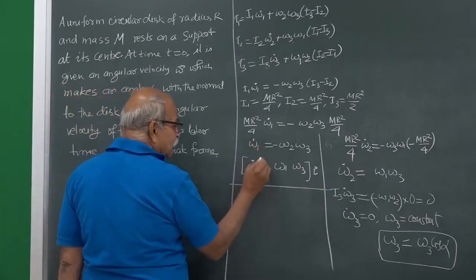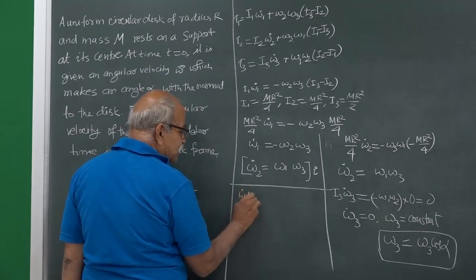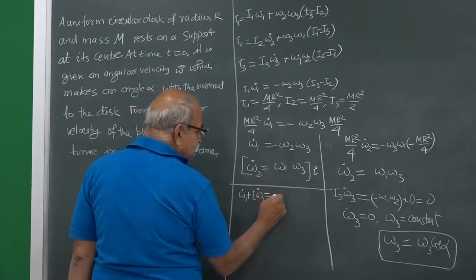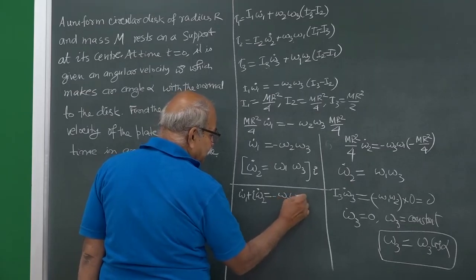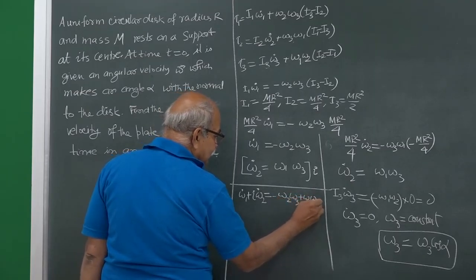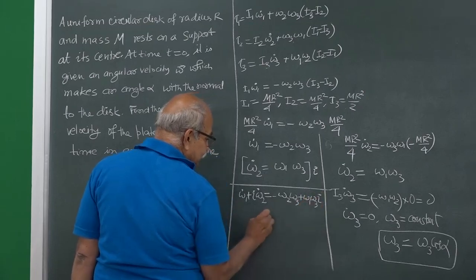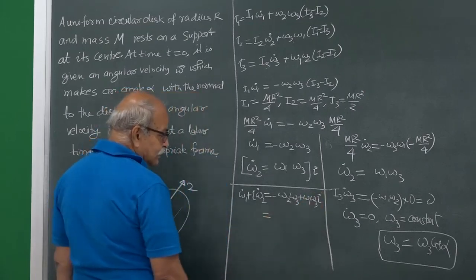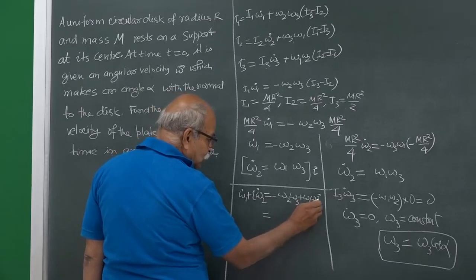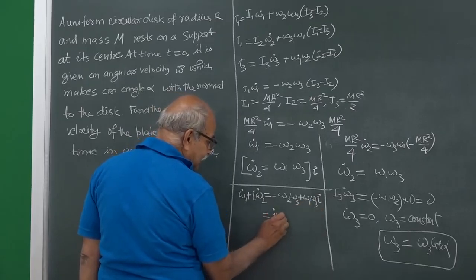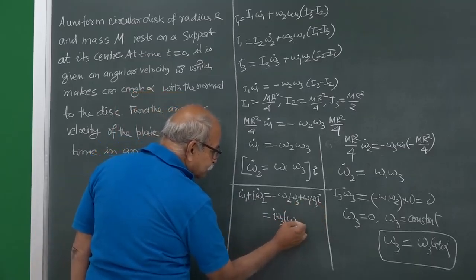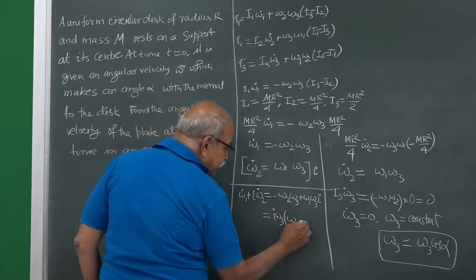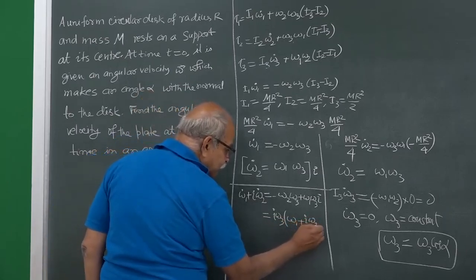You get omega 1 dot plus i times omega 2 dot is equal to minus omega 2 omega 3 plus omega 1 omega 3 i, which is equal to, taking i omega 3 as common, omega 1 plus i omega 2.